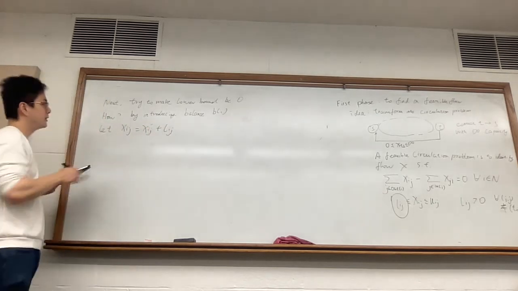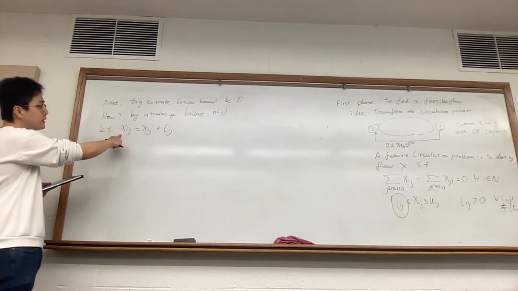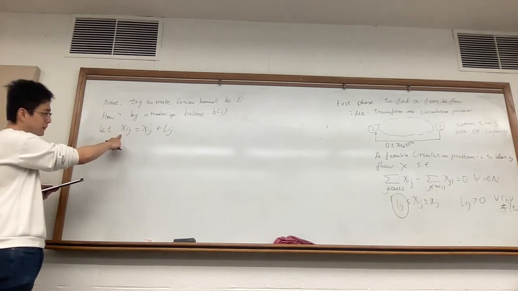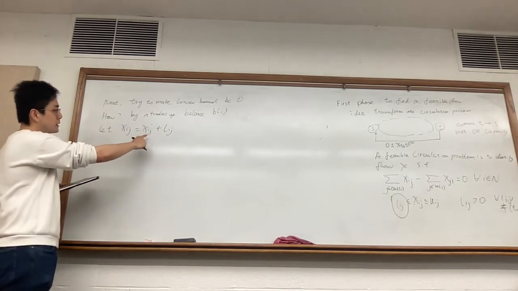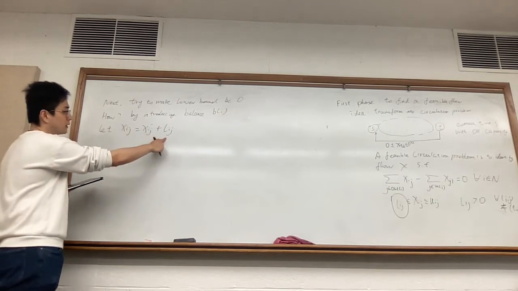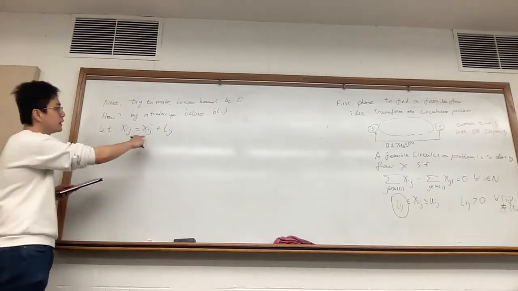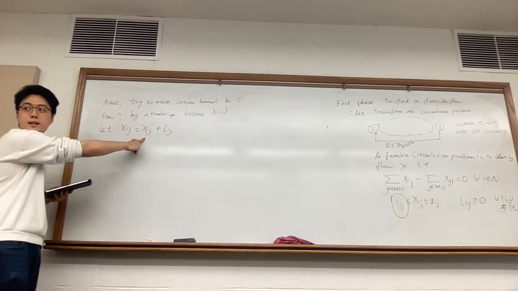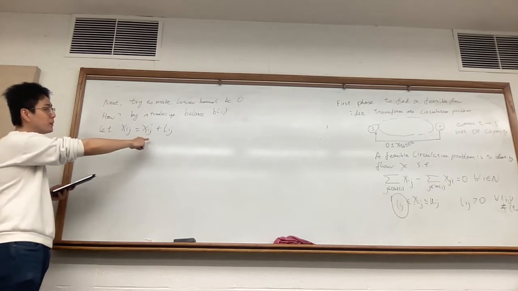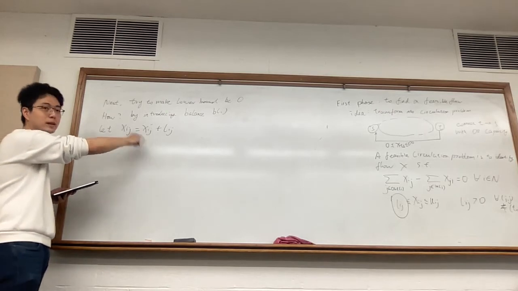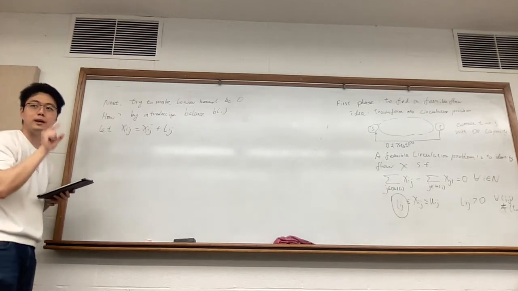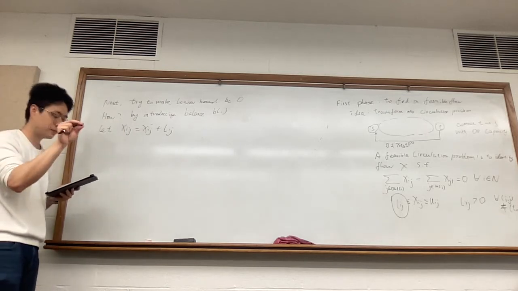So i needs to pay xij to j: the lower bound, or minimum consumption, plus the premium. We can interpret xij prime as the premium that i pays j.